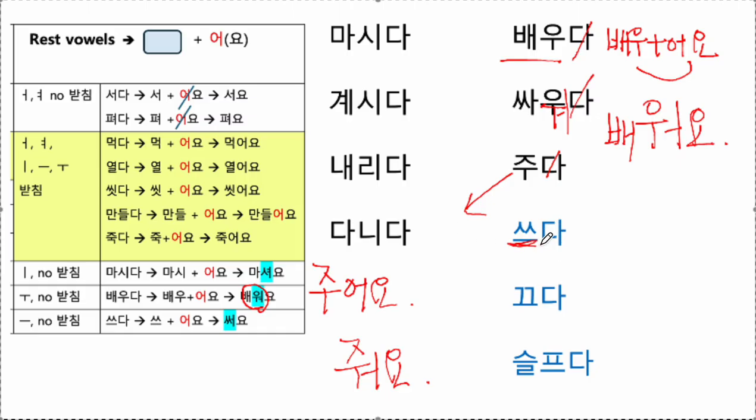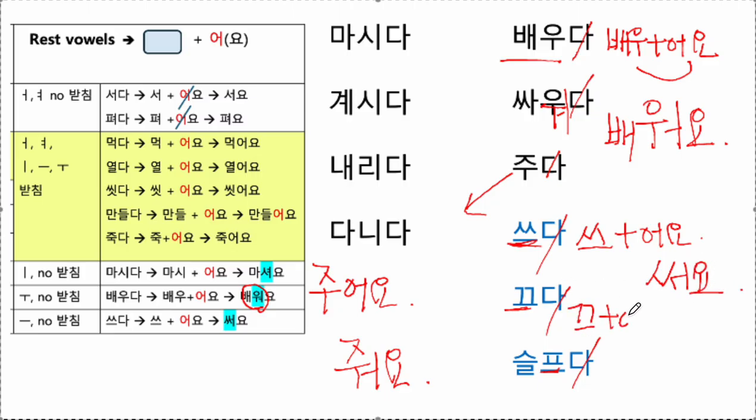Last one is 으, no 받침. We drop this. So 쓰 plus 어요. If you say it fast, 써요. How about 끄 plus 어요?